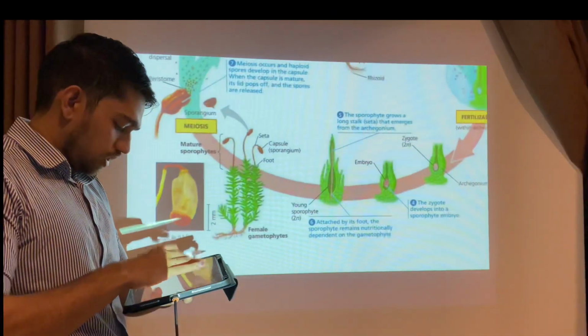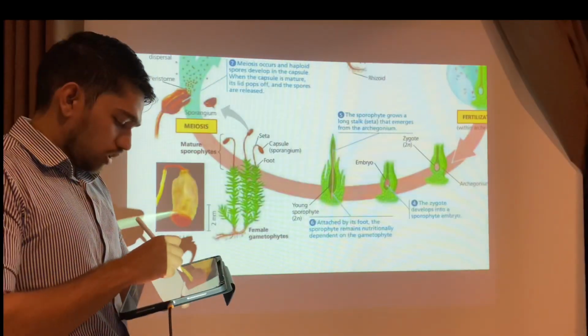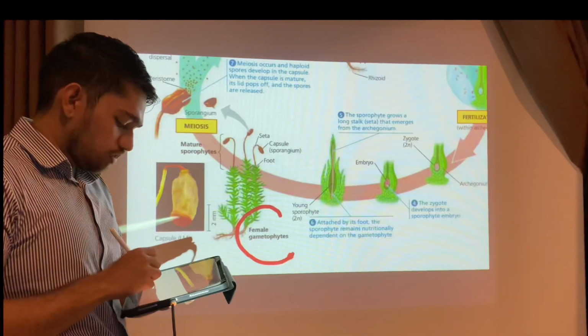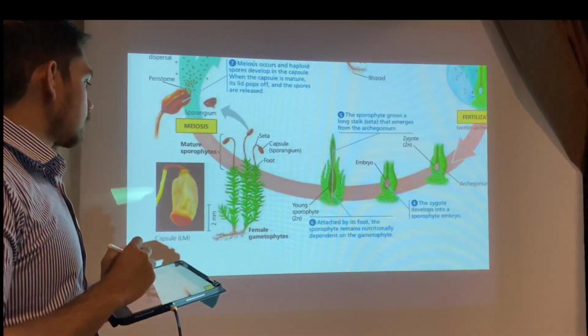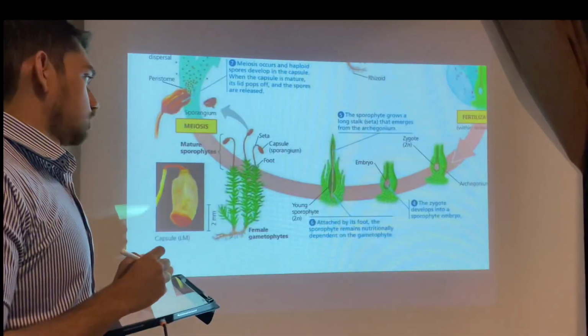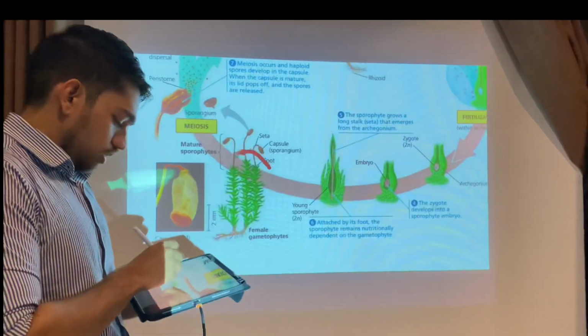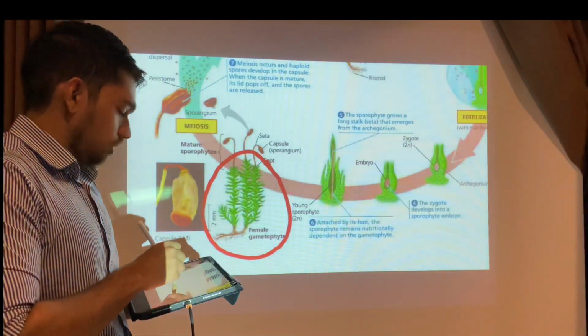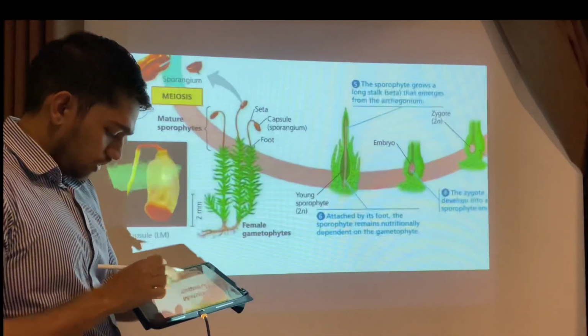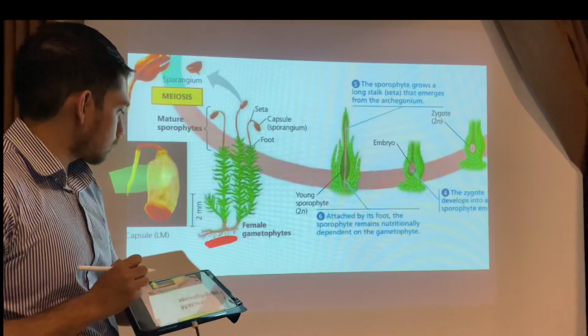This female gametophyte. When we are talking about Pogonatum, we have to mention that one of the most important or distinctive features is that the gametophyte is the dominant generation, right? So this part is the gametophyte. You can see it is photosynthetic and it has what we call rhizoids, right?